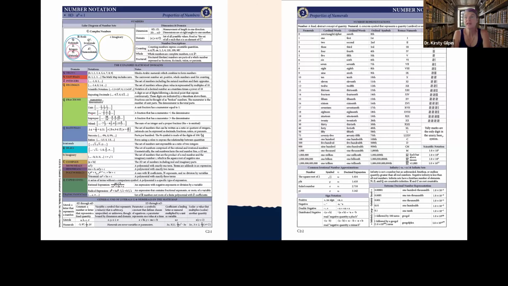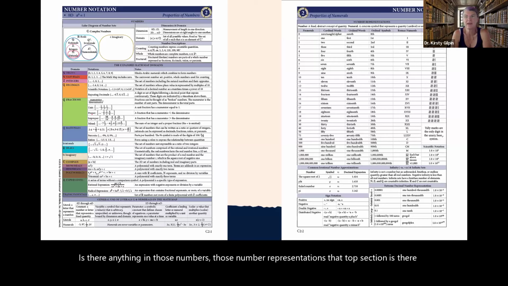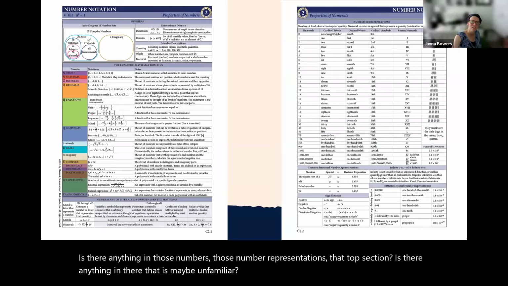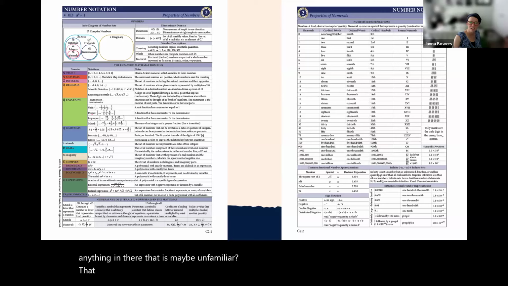Is there anything in those number representations, that top section, that is maybe unfamiliar? The transcendentals, the way that's notated, and the irrationals even. I noticed the rationals is with a Q, and irrationals is also with a Q, but then there's that little C up there.